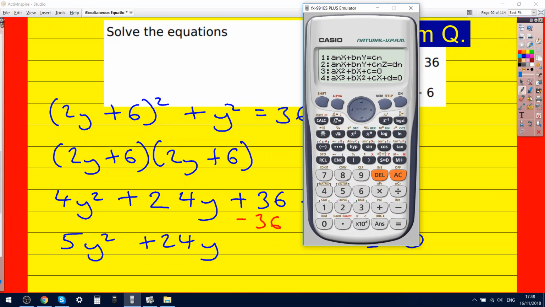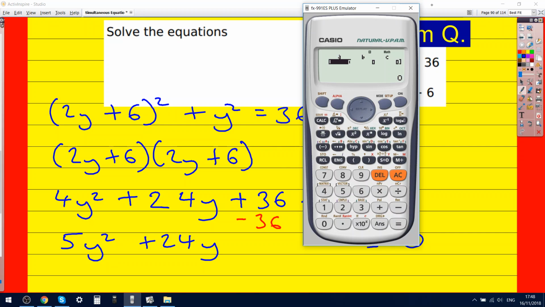On mine, the equation just says a next to it.